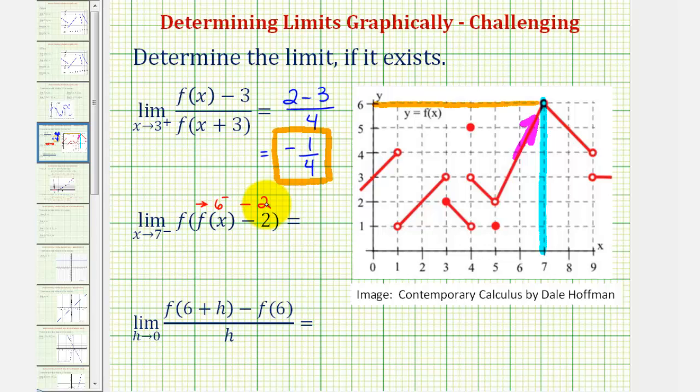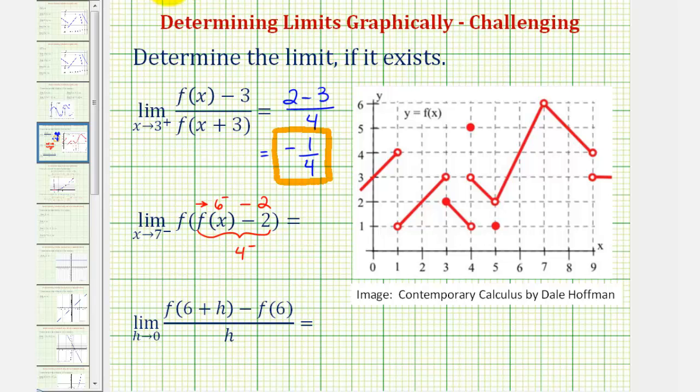And since 6 minus 2 is equal to 4, the quantity f of x minus 2 is approaching 4 from the left, or from values that are less than 4, as x approaches 7 from the left. So now we want to determine what's happening to the outer function f as the input is approaching 4 from the left, or from the negative side.